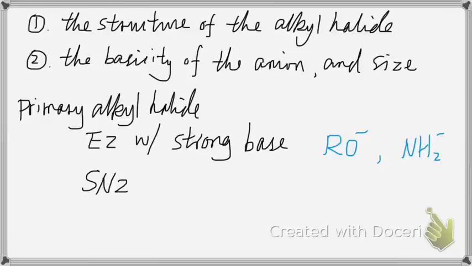Examples of strong bases, many of you asked me about this as well. Two examples: alkoxide ions and amides. Okay, so we could have methoxides, ethoxides, t-butoxides. All of these are conjugate bases of alcohols. They are examples of strong bases.